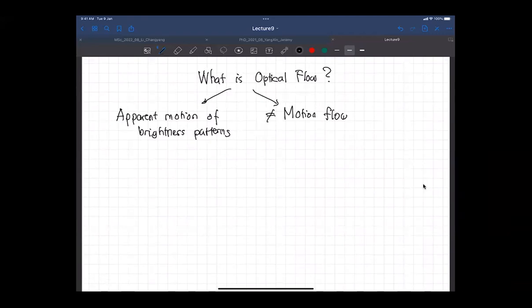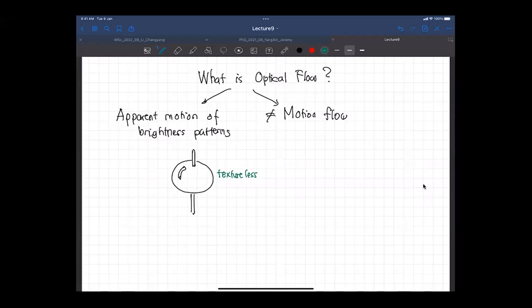So for example, if I have a ball, right, and there is a stick on the ball, so the stick is attached to the ball. And assume that the ball is textureless. So this one is textureless, meaning that there's no texture.